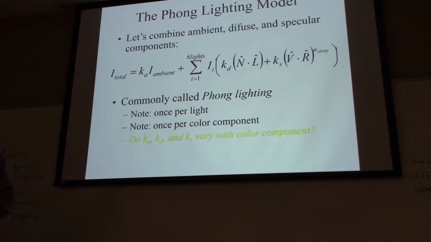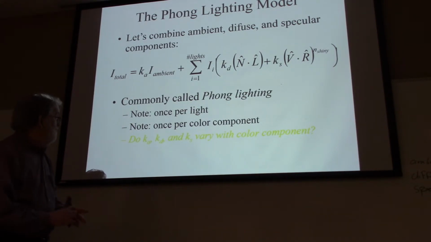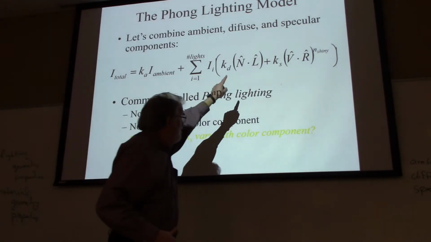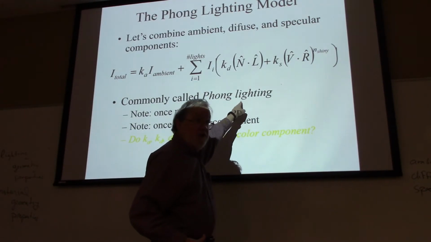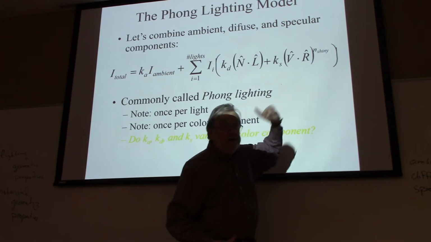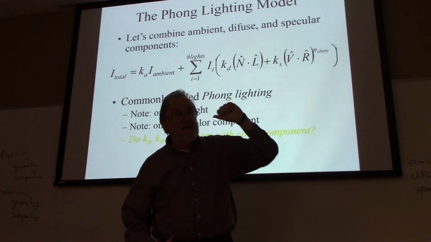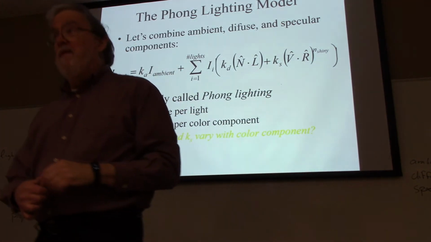So if we put everything in there, the lighting model consists of our terms: the ambient illumination term, the diffuse reflectance term, and the specular reflectance term.